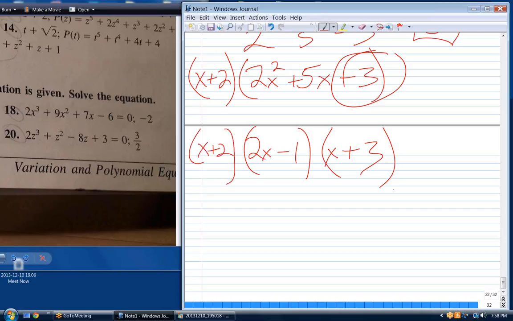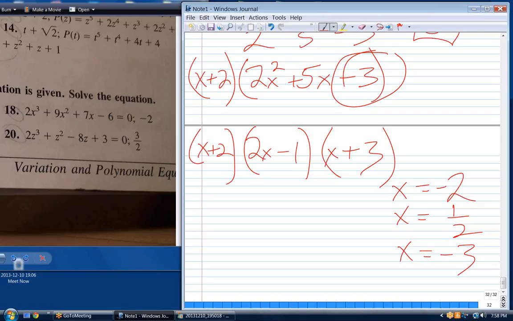So what are my three solutions? X equals negative 2. X equals 0.5. Then x equals negative 3. Yeah. In general, if you're going to use fractions, well, you can use 0.5, no difference.